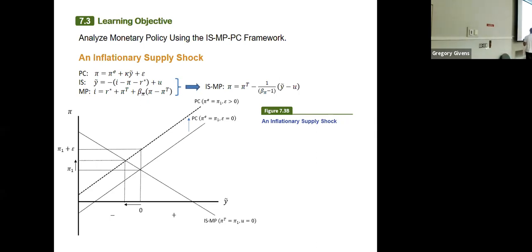We're going to move from an output gap of 0 and an inflation rate of pi 1 to what? A negative output gap and a somewhat higher level of inflation. So there's going to be stagflation: negative output gaps and higher inflation.